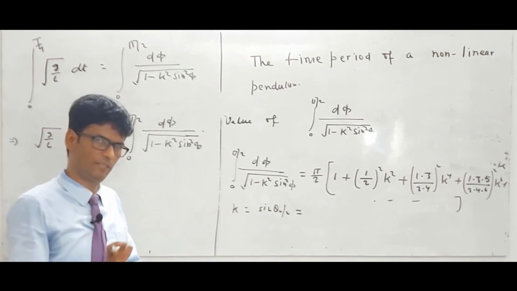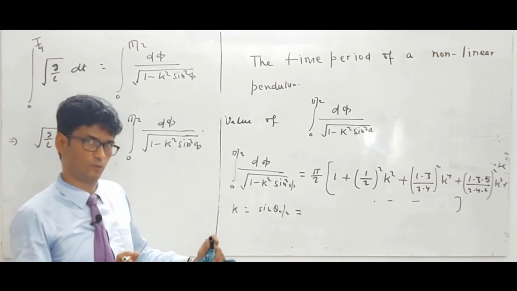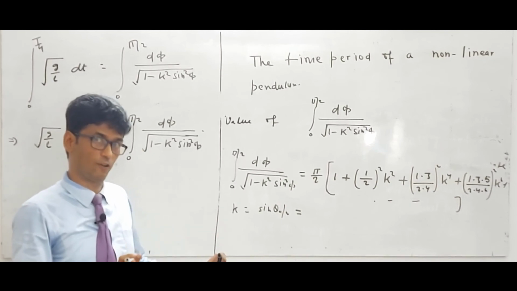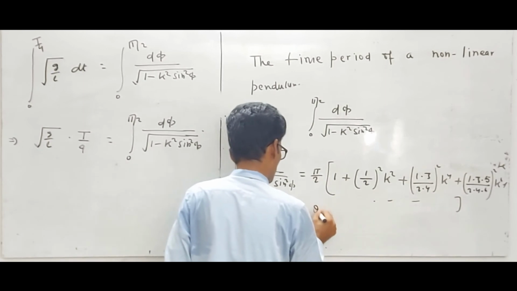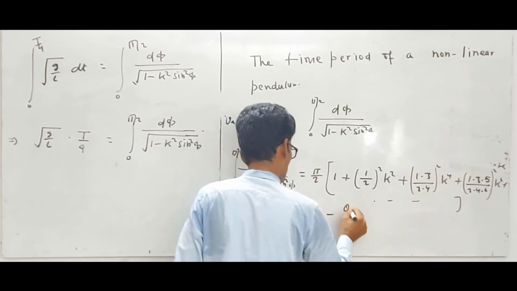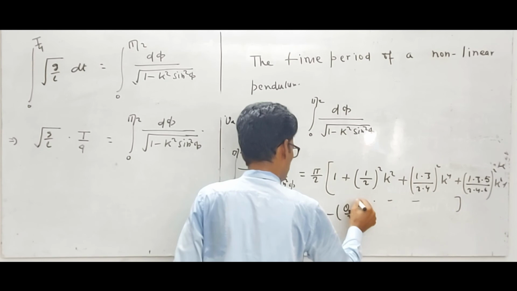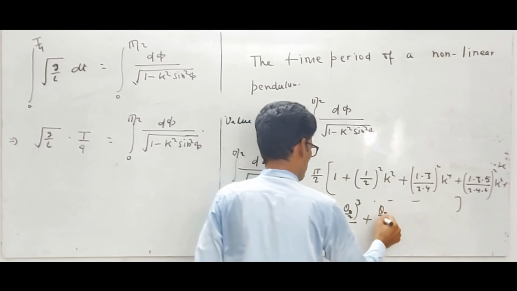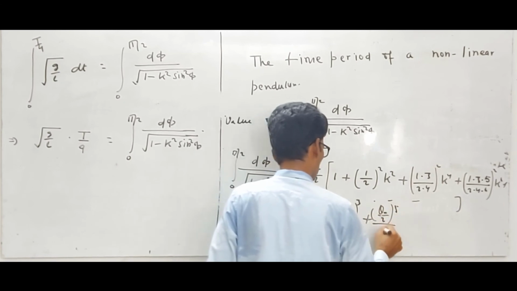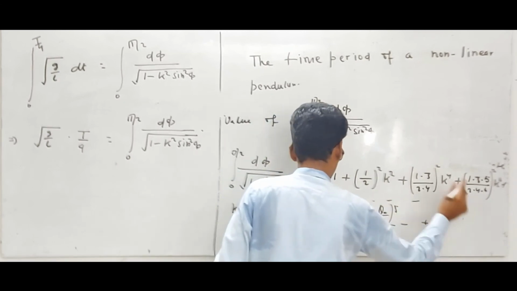On the same line, we are going to write the series for the sine of some angle. Look here, this is theta naught by 2 minus (theta naught by 2) whole cube over factorial 3 plus (theta naught by 2) to the 5 over factorial 5 minus plus, and so on and so forth.